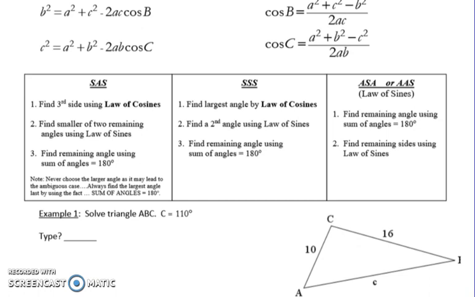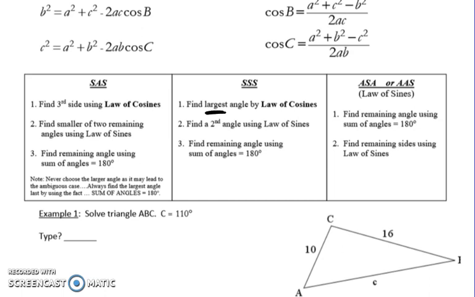If you have all three sides, you will use the law of cosines to find the largest angle first. You know it's the largest angle because it's opposite the largest side. Then you will find a second angle using the law of sines, and then you can subtract from 180 to find the remaining angle.